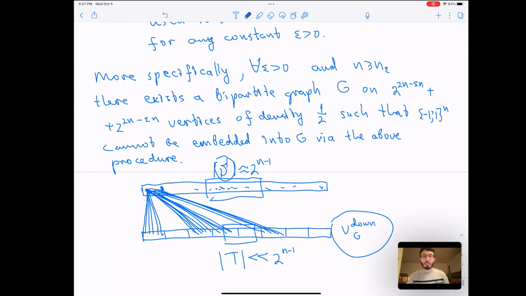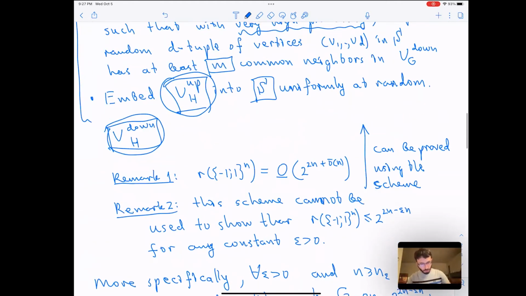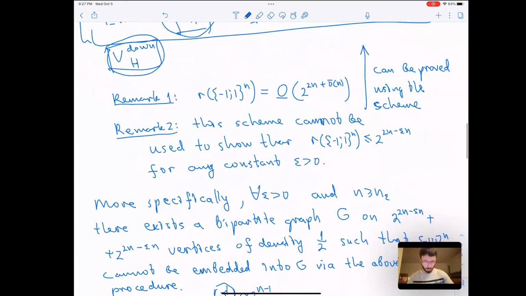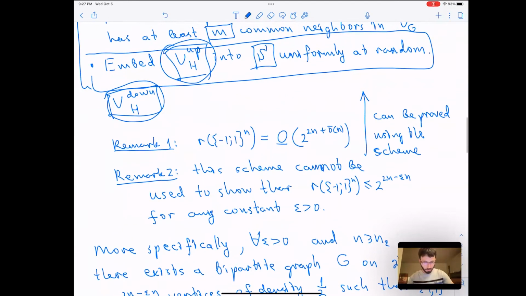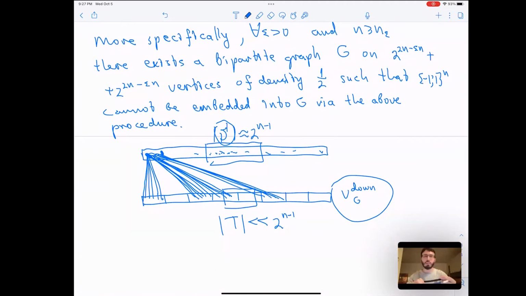So what does this mean? It means that if we try to embed the hypercube at the second step here, we will encounter a problem, because when we try to embed the lower half iteratively, one vertex at a time, inevitably at some point we will encounter a situation when there are no free vertices available.